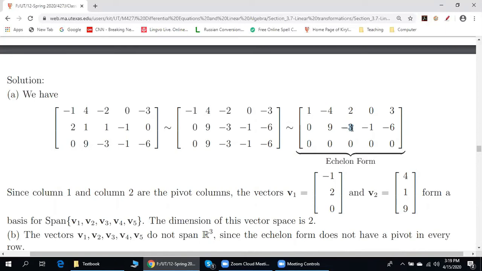This is not a pivot. This is not a pivot. This is not a pivot. Columns number 3, 4, 5 are non-pivot columns. Therefore, x1 is a basic variable, x2 is a basic variable, but x3, x4, and x5 are free variables. Does this answer your question?